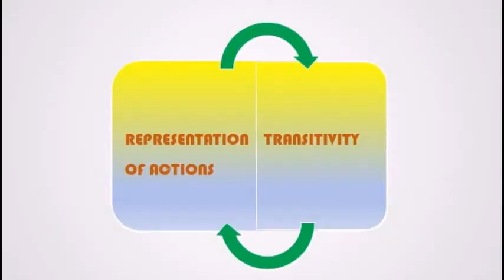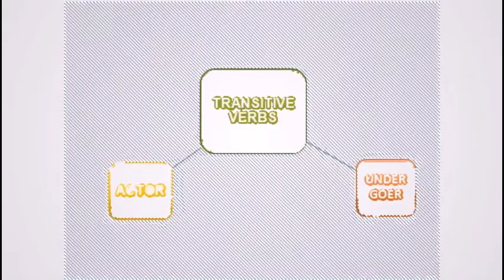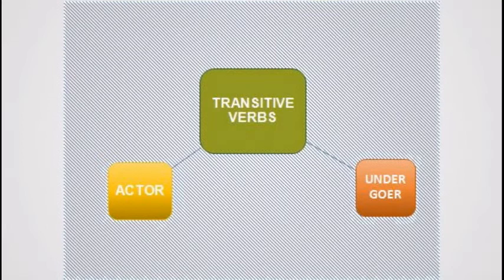Transitivity is one of the most basic aspects of the linguistic representation of action. Transitive verbs designate events that involve two core participants, an actor and an undergoer. The actor is syntactically expressed as a subject-noun phrase, and the undergoer as an object-noun phrase.